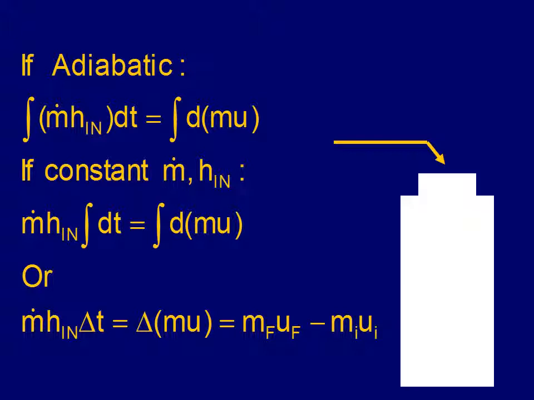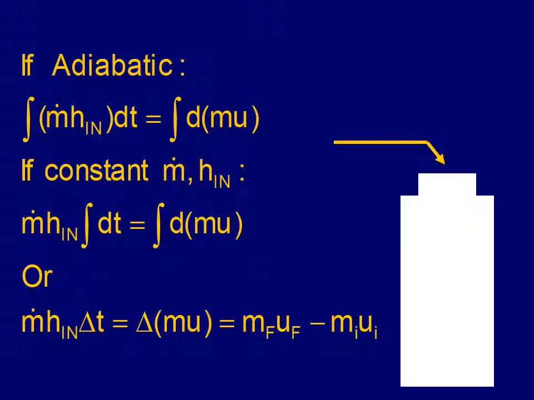If you have a constant mass flow and a constant Hn, then we can take the mass flow times Hn outside of the integral, times the integral of dt, and that is equal to the integral of dmu.